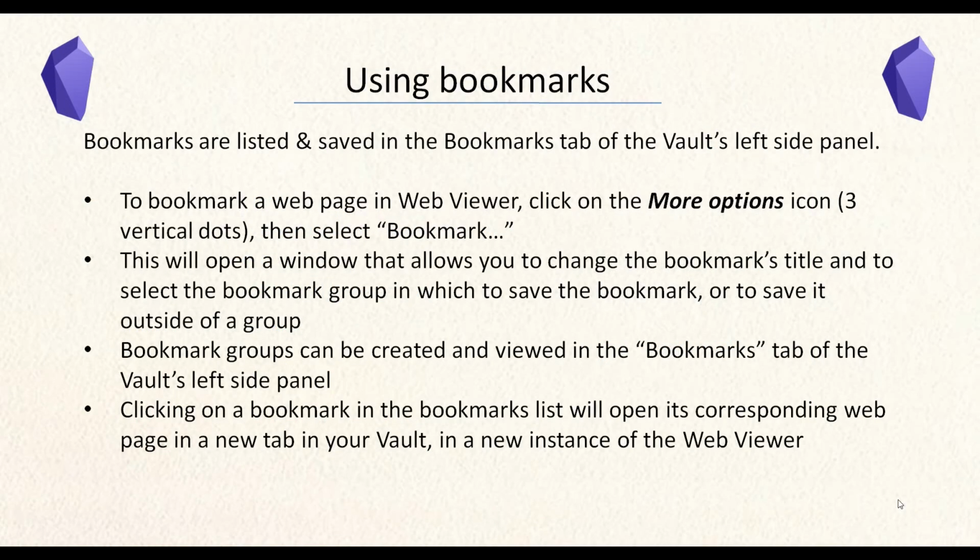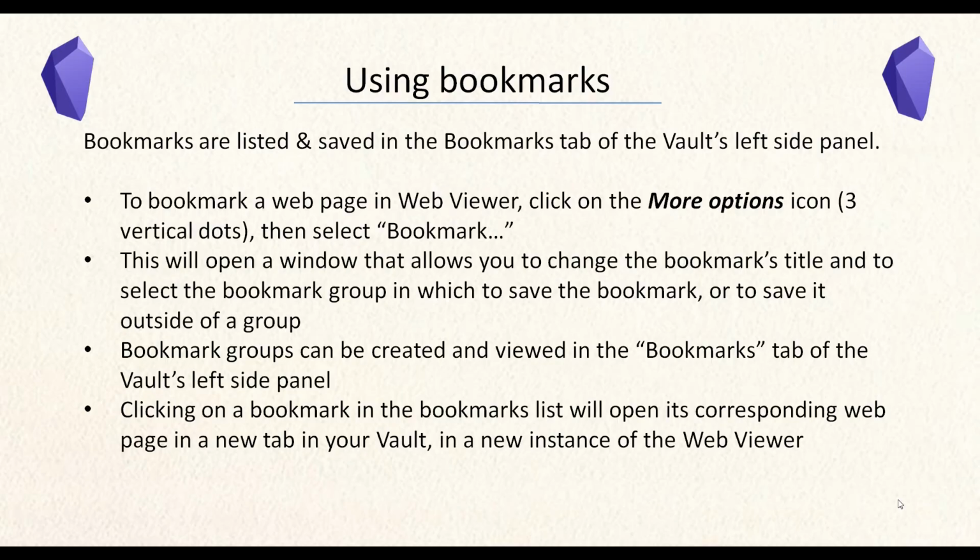As with a normal web browser, the Obsidian Web Viewer lets you bookmark important web pages. These bookmarks are listed and saved in the Bookmarks tab of the Vault's left side panel. To bookmark a web page in Web Viewer, click on the More Options icon. Those are the 3 vertical dots we just looked at, and select Bookmark.